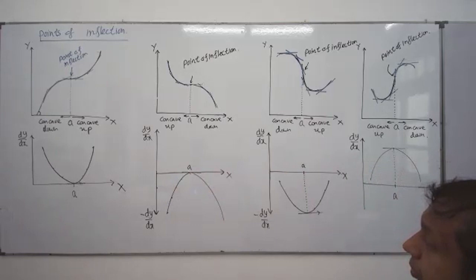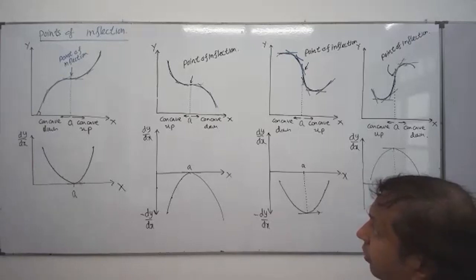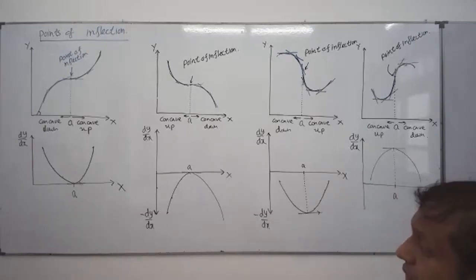show the variation of the gradients, within bracket write down dy by dx, of the first line graphs.